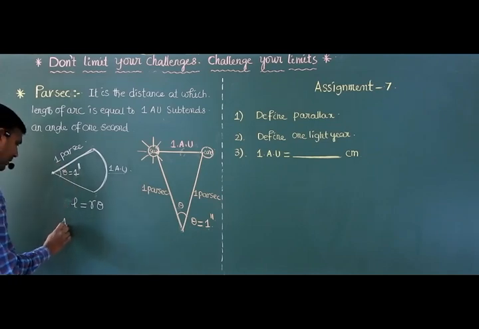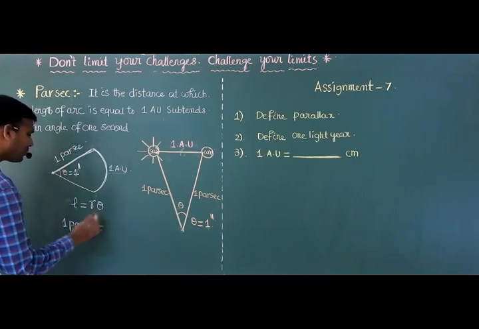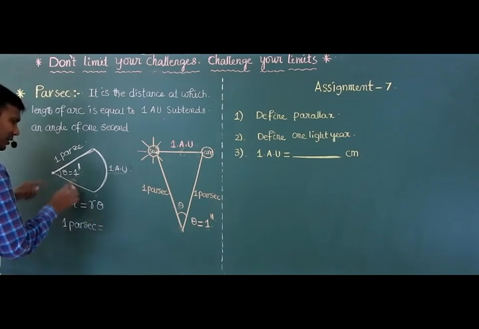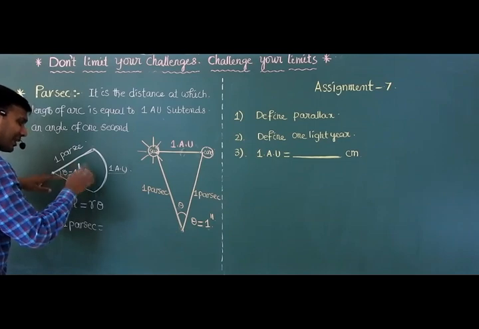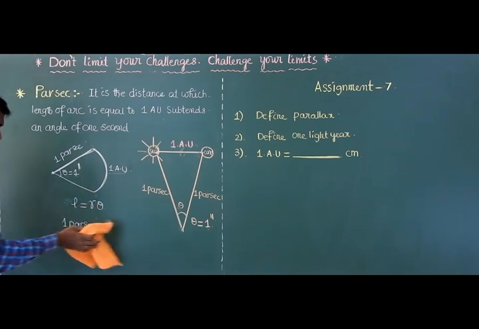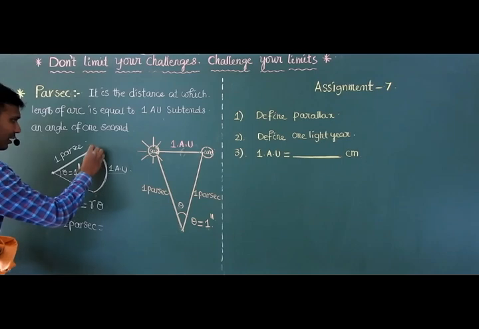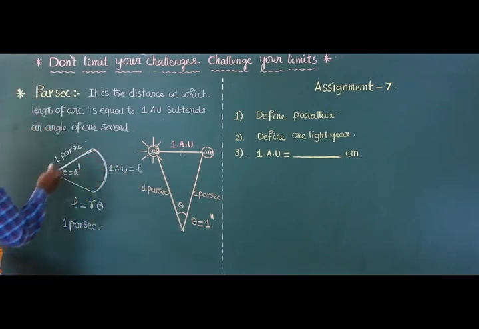This is what 1 parsec is. 1 parsec is equal to 1 astronomical unit divided by 1 second, where you have to express that 1 second in terms of radians. L is equal to r theta. Sorry, this is the length and this is the radius of the circle.